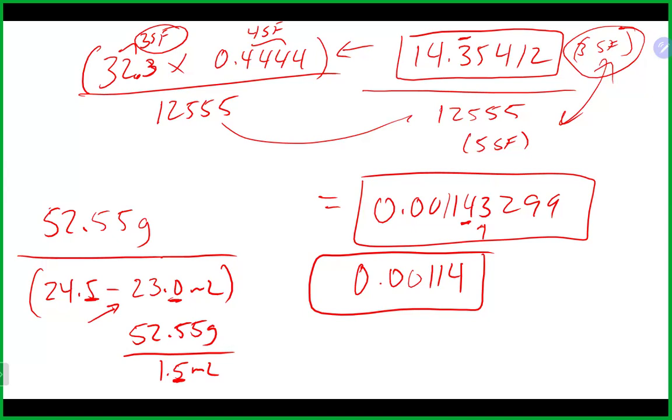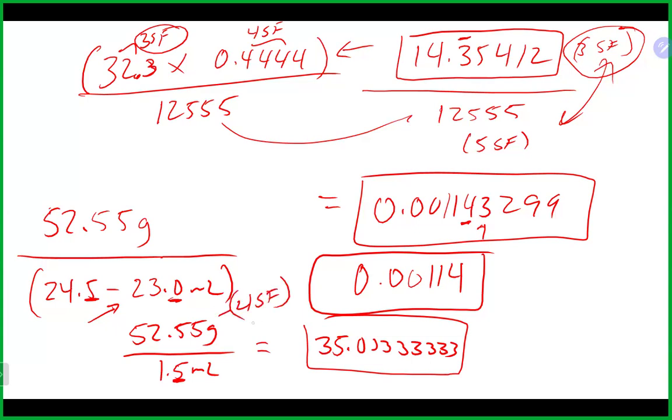The final thing we're doing now is dividing those two numbers. So we'll take 52.55 divided by 1.5. That will give us, on our calculator, 35.0333, a whole bunch of threes. Now, the last thing we did is divide. This has 4 significant figures. This has 2 significant figures.